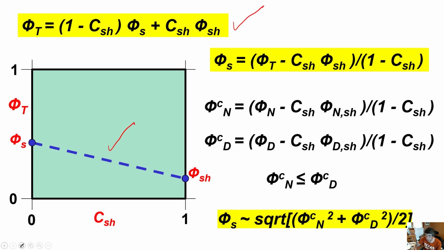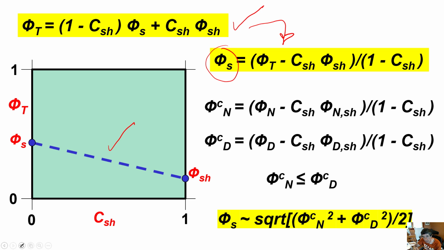So if you take that equation and solve for sandstone porosity, this is what you get. Let's say that you measure the total porosity and you know CSH, the volumetric concentration of shale, then with this formula we can calculate the sandstone porosity.